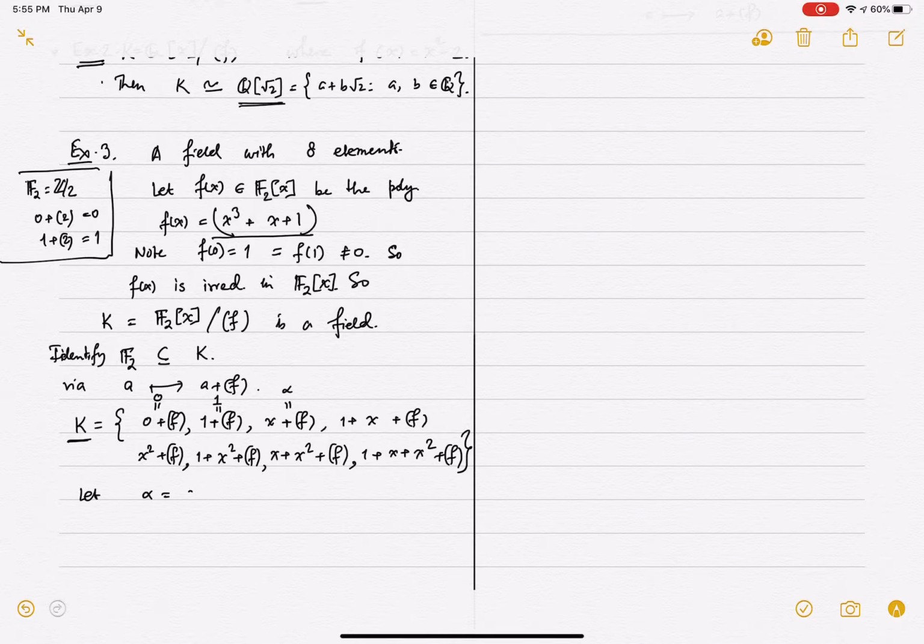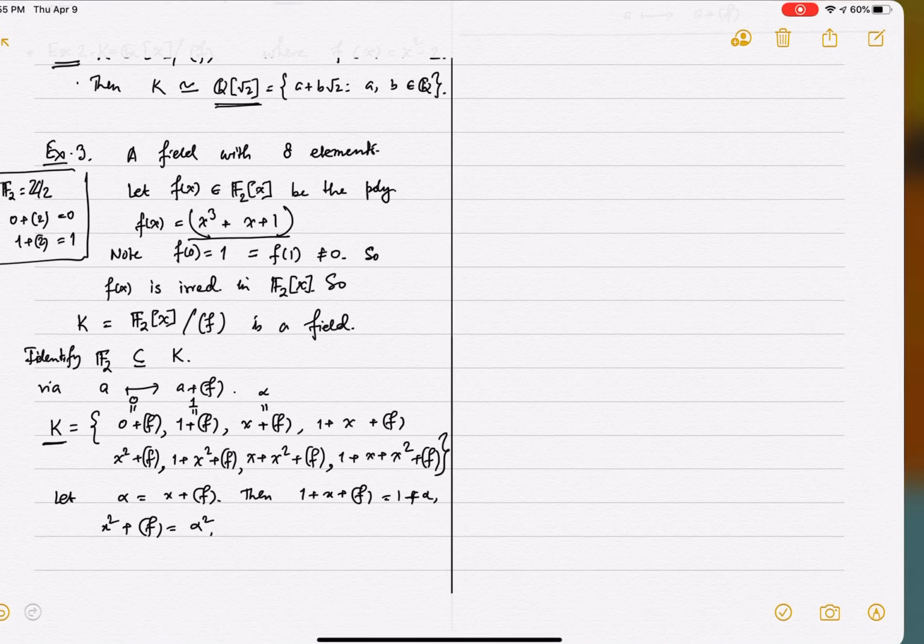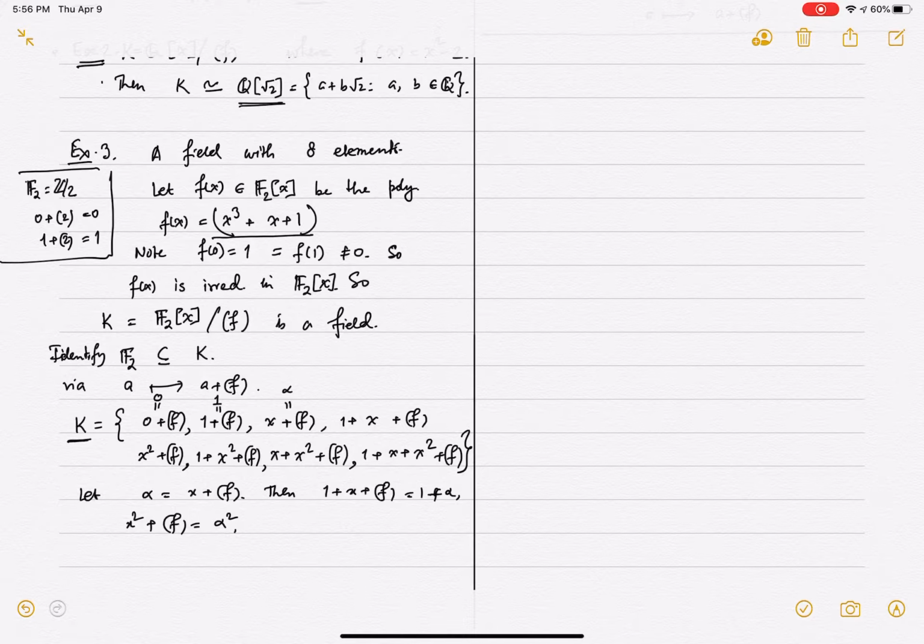Let alpha be the coset of x. Then 1 plus x plus the ideal is 1 plus alpha. x squared plus the ideal is alpha squared. 1 plus x squared plus the ideal is 1 plus alpha squared.